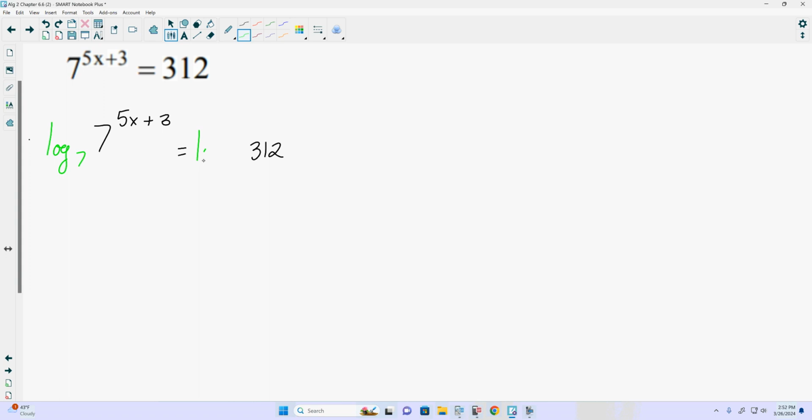Because we're really wanting that left-hand side to simplify down. We want to get that variable out of the exponent. And our log base 7 of 7 to the 5x plus 3 is going to reduce to 5x plus 3. And the other side is going to become log base 7 of 312.